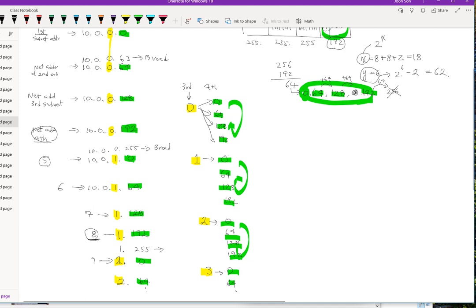So the broadcast address of the fourth subnet is equal to the network address of the fifth subnet minus 1, right? Then you can get the broadcast address of the fourth subnet.